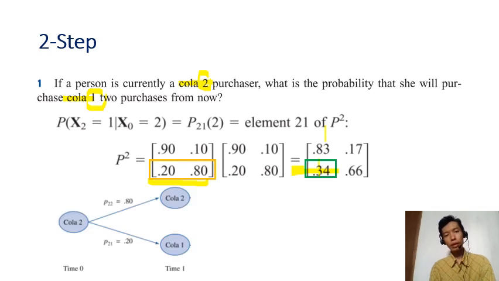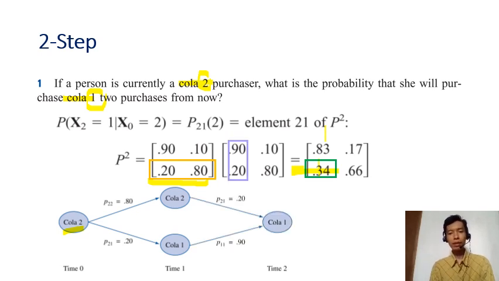That row shows that we are purchasing cola 2 at this moment, and then the next purchase can be cola 1 or cola 2. And that column says that whatever we purchase at time 1, our final purchase must be cola 1. So that multiplication results in this number, 0.34 or 34%.